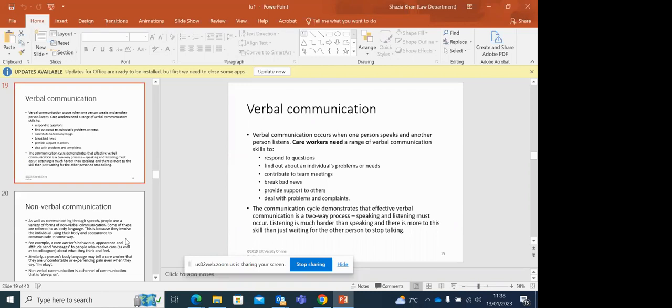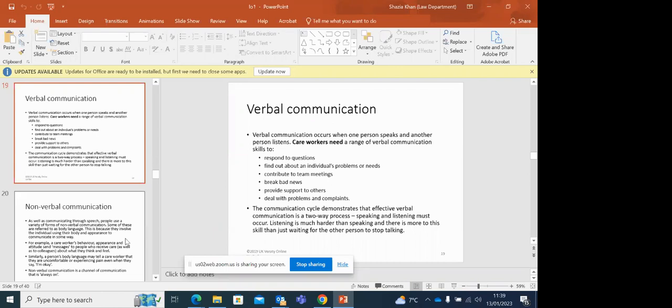Should they be a good listener? Yeah. Why do you think they should be a good listener? In order to be able to attend to clients' needs. Yeah, the needs of the individual. They need to attend to the needs.